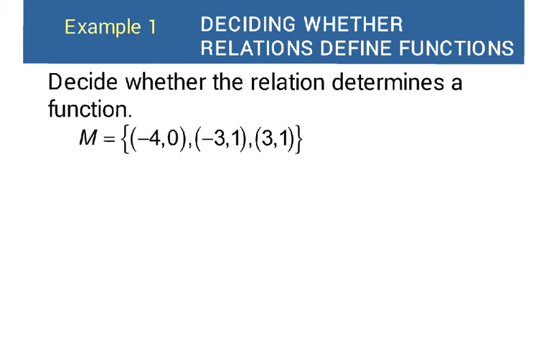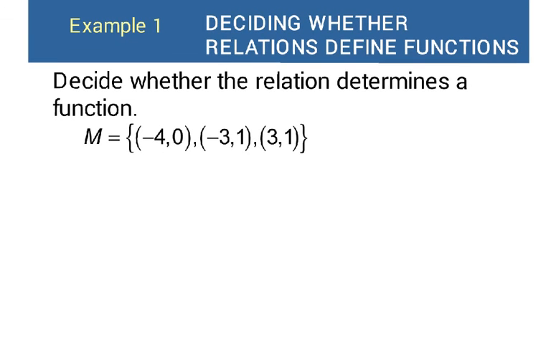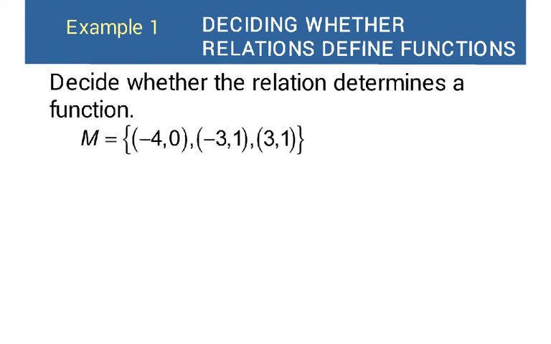So here it says decide whether the relation determines a function. What I'm going to do is put it out into x and y values: -4, -3, and 3.